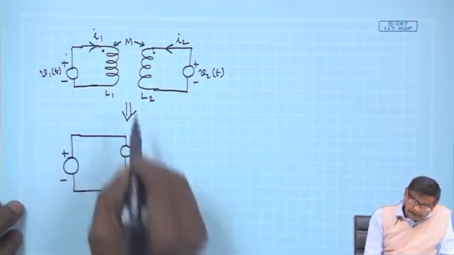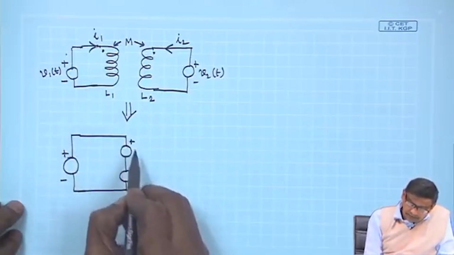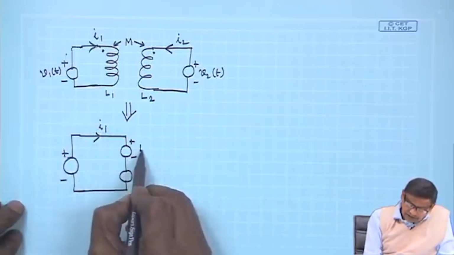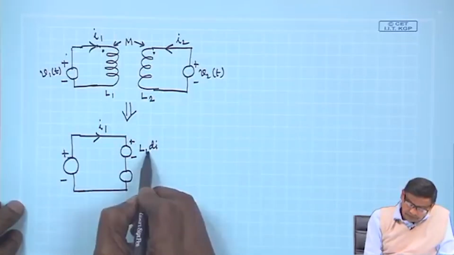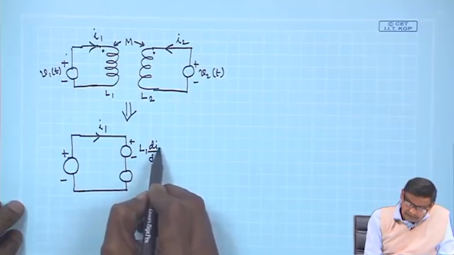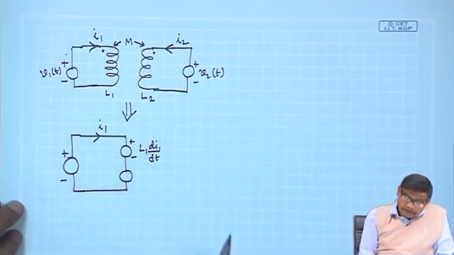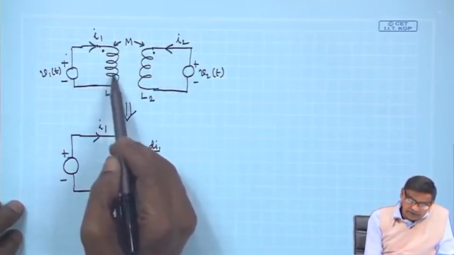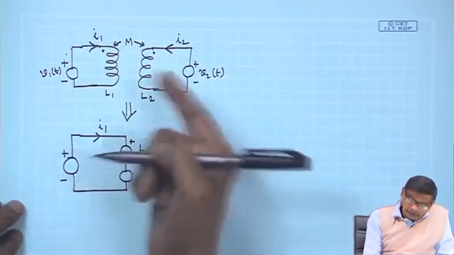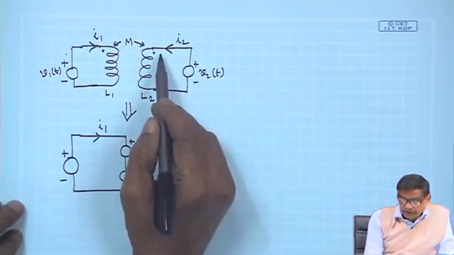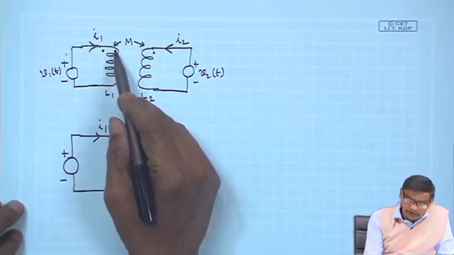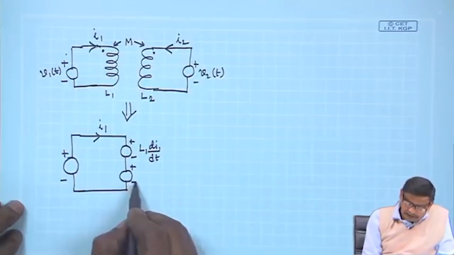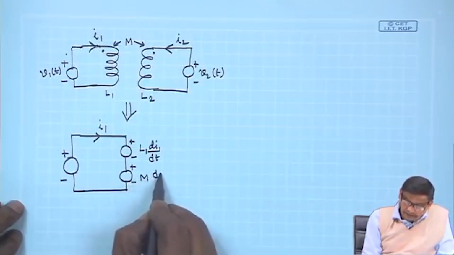So, for example, here there will be one voltage plus minus, I1 is this current. So, for self inductance, this is the source L dI/dt. Similarly, for the current in the second coil, there will be induced EMF here, and what will be the polarity? Through the dot it is entering. So, dot will become plus, that is the upper side. So, this is plus minus M dI2/dt.